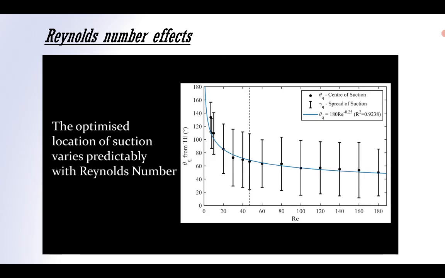So the optimized location of suction varies predictably with Reynolds number. The different location or different angle of the suction will decrease the Reynolds number, so that we can prevent or control the turbulence occurring on the surface. That is one of the dynamics to control the flow around the circular cylinder.